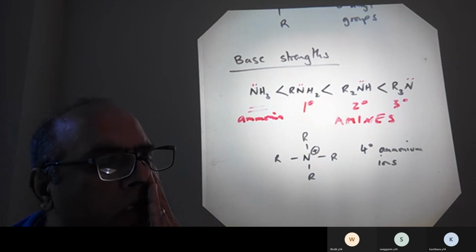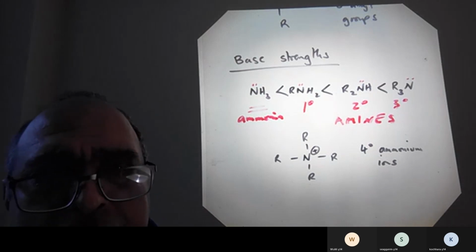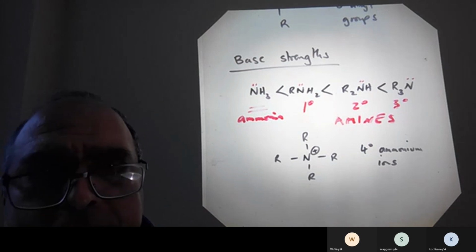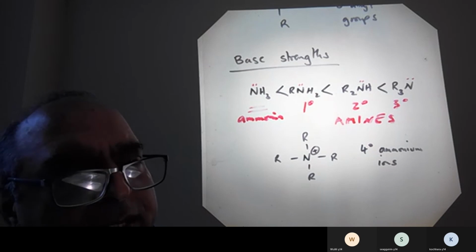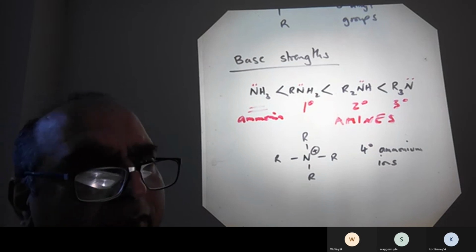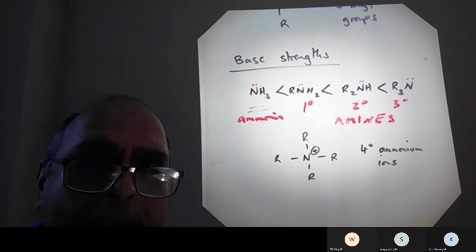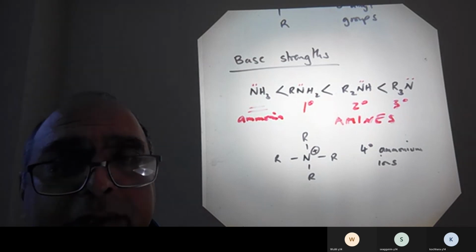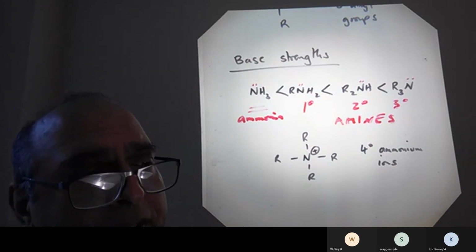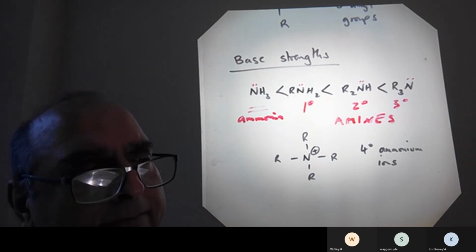So where you've got quaternary ammonium ions, don't fall into the trap of thinking that they are bases, because bases need to have a lone pair of electrons with which they can accept a proton, and do the base properties that we talk about.